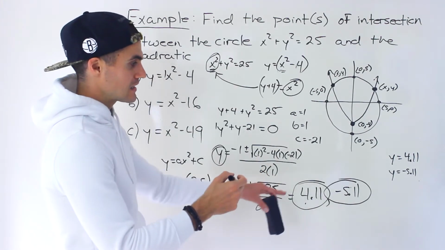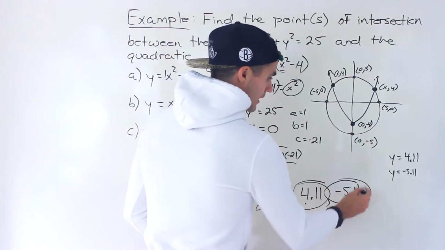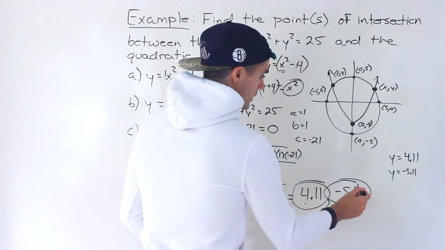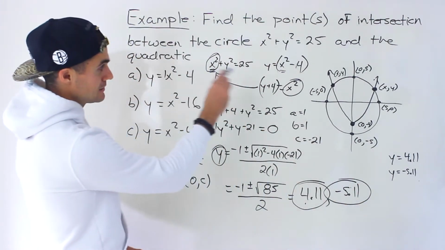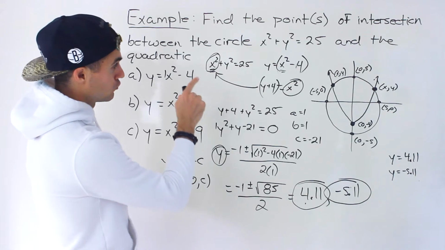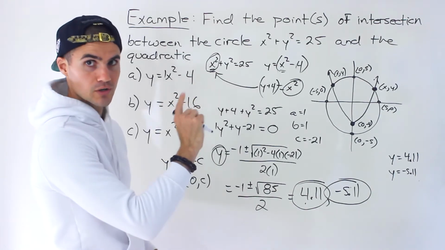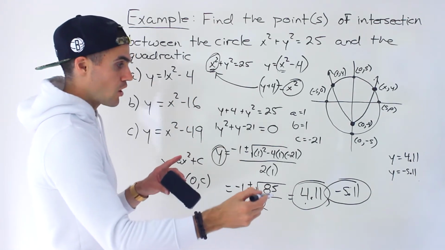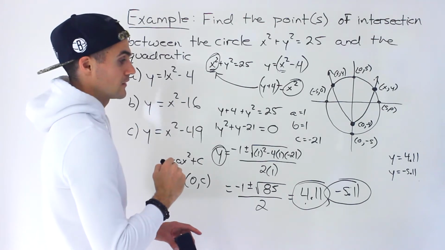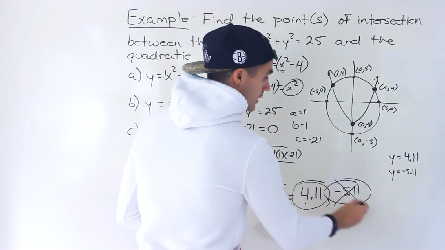And we're going to see how this here is an invalid solution when we take this, plug it back into one of the two original equations, and then solve for the corresponding x value. You're going to see that this actually doesn't work out.